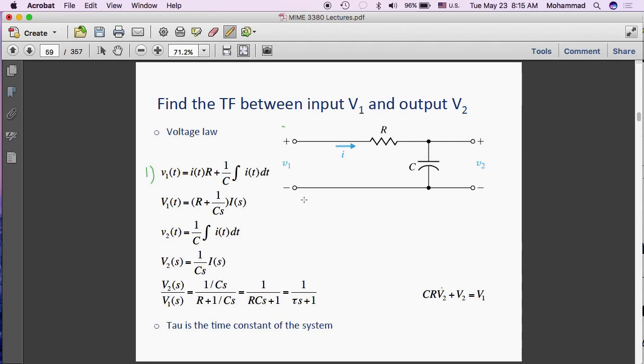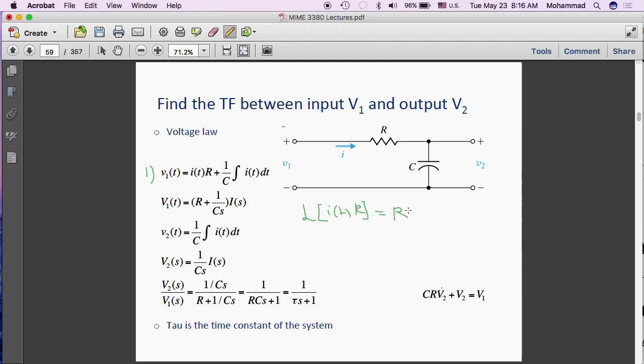Laplace transform of I, which is a function of time, times r, which is a constant, is simply going to be r multiplied by what? Simply multiplied by I of s, because I is a function of time, but we don't know what function.